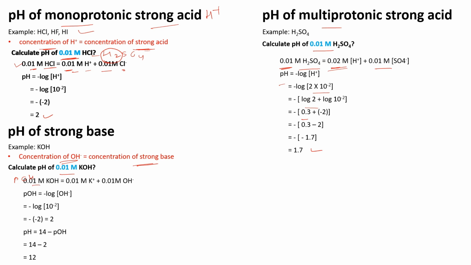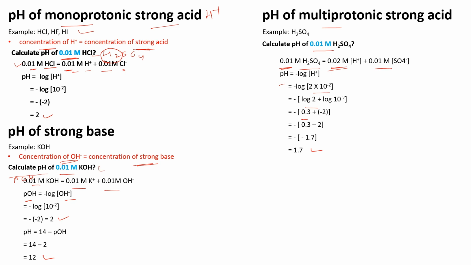Because it dissociates completely, we have 0.01 molar of K plus and 0.01 molar of OH minus. So pOH is minus log OH minus, minus log 10 to the power minus 2. So 2. But it is pOH. The question asked is to calculate pH. So from pOH, how we will calculate pH? pH is equal to 14 minus pOH. That is 14 minus 2, which is equal to 12. So the pH of the solution will be 12.